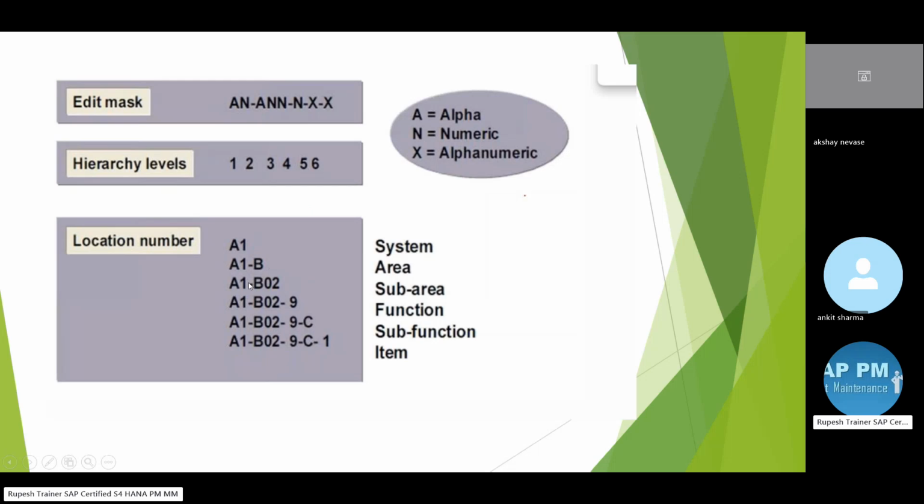Second is area, under area sub area, under sub area function, under function sub function, again under some function item. Like this, you are structuring the plant according to the hierarchy. That is what this hierarchy is. This AN system, AN and ANN is area, and this N is sub function. This X is function, like this.